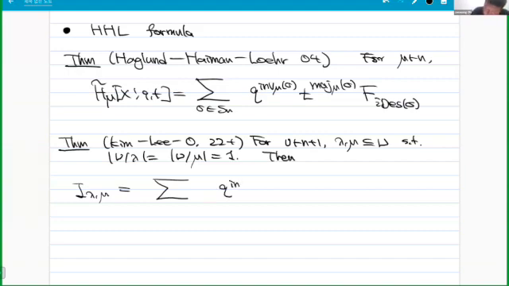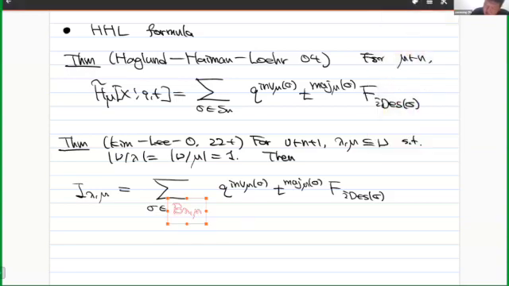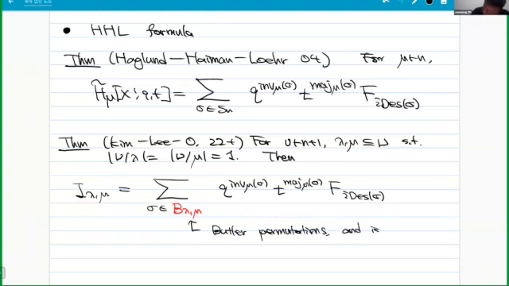It's the sum of q to the inv mu and t to the maj mu and F of the inverse descent set of sigma, where the sum is over a certain set of permutations, which we call Butler permutations. And this set is of size n factorial over 2, as expected in the n factorial over k conjecture.